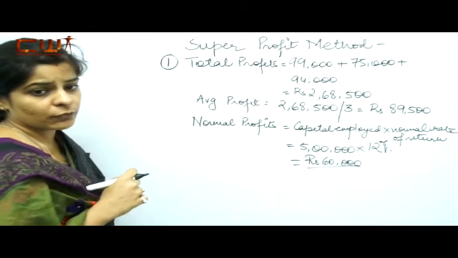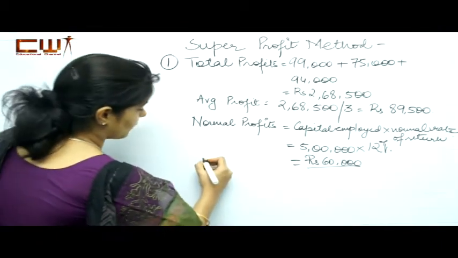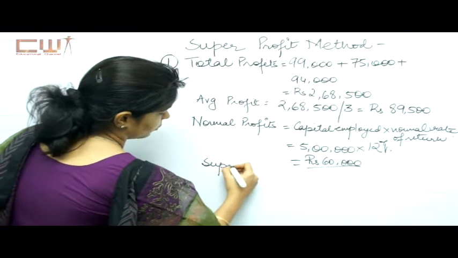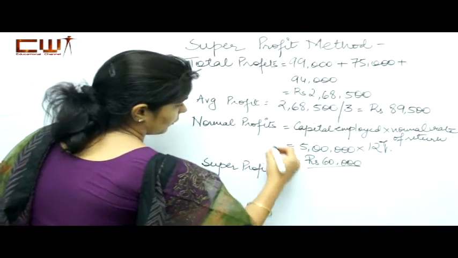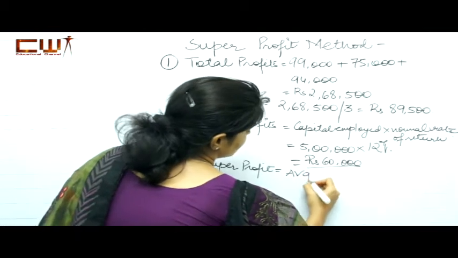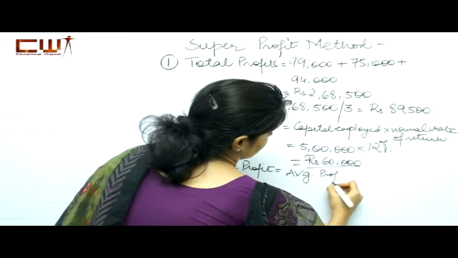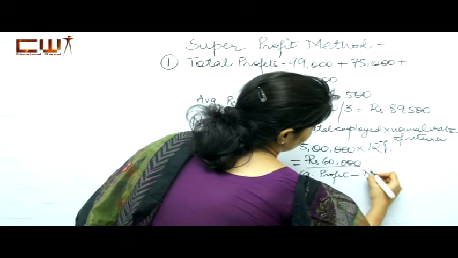Now finally, what do you have to find out? You have to find out super profits. That will help you find out the goodwill. So what is the super profit formula? Super profit is average profit minus the normal profit.